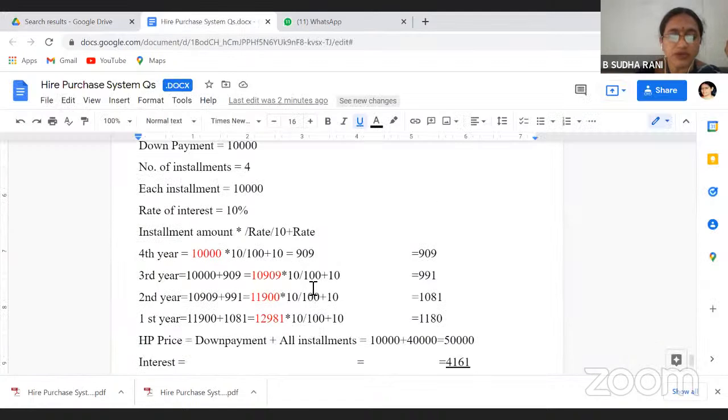What I made you do, I made you add the interest. I'm so sorry. We are supposed to subtract this interest from the installment amount, and the balance has to be added back to the previous installment. Can we do it, or shall I take it freshly in tomorrow's class?